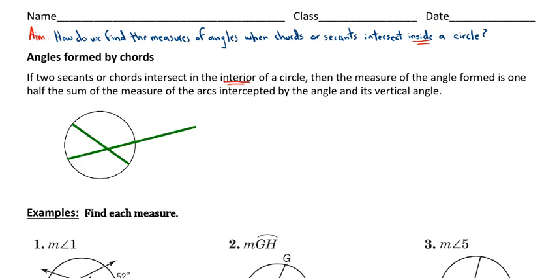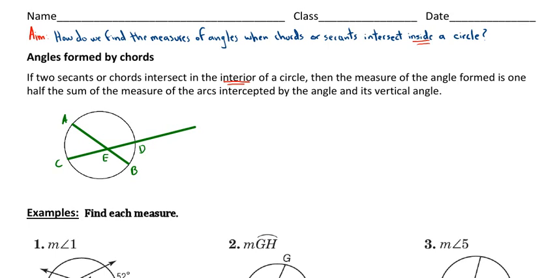I'm going to name these A, B, C, D. And I'm going to name also the point of intersection inside the circle, which I'm going to call E. So what does the theorem say?